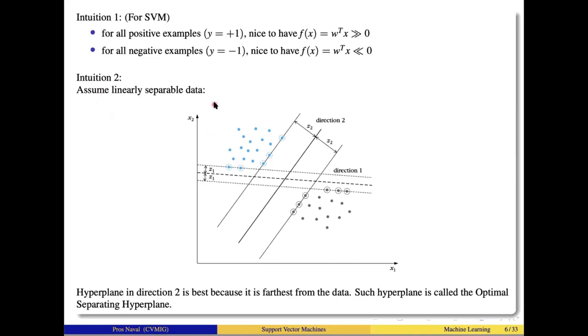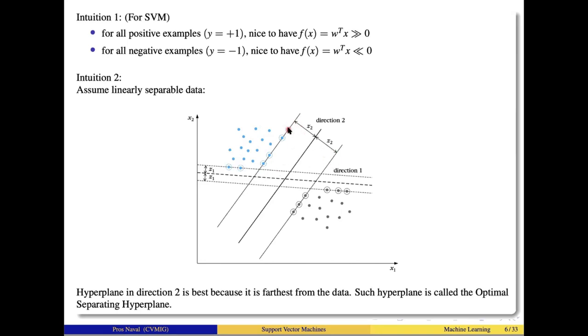Okay. So our second intuition is the following. We assume first a linearly separable data. We will deal with the non-linearly separable case later on when we talk about kernels. So here, in this direction, we know that this dashed line here separates the two classes also. But if you notice, the distance z1 here, the two z1s here, is smaller compared to the distance z2 here.